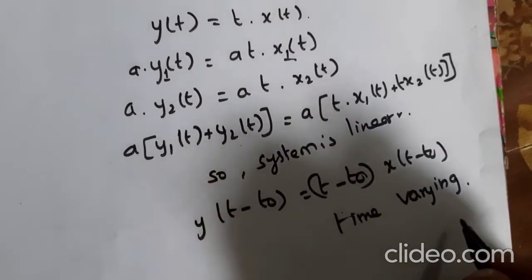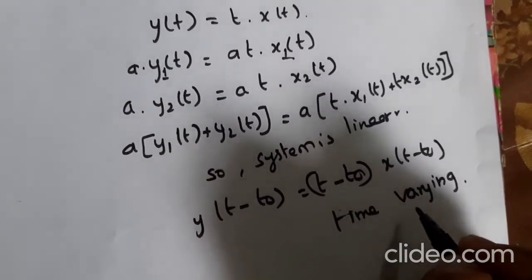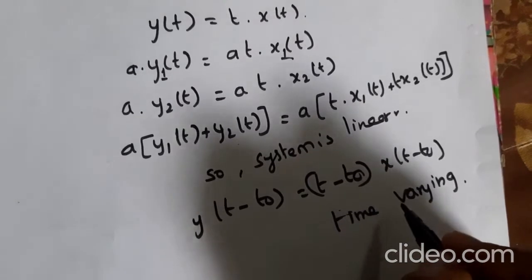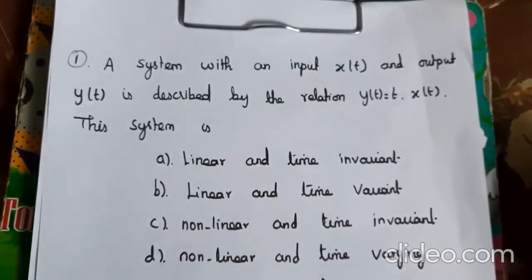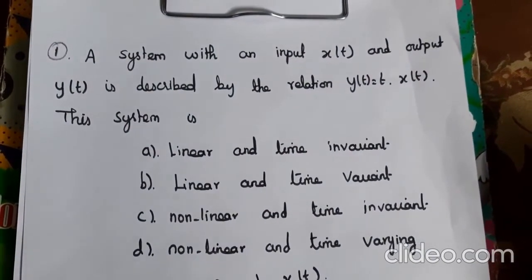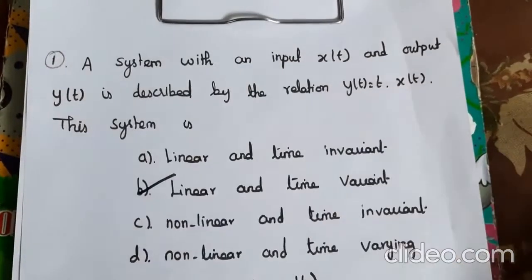Simply, you can write this is a time varying function because the input is multiplied with a time function. So the answer is, the system is linear and time varying. The answer is B.